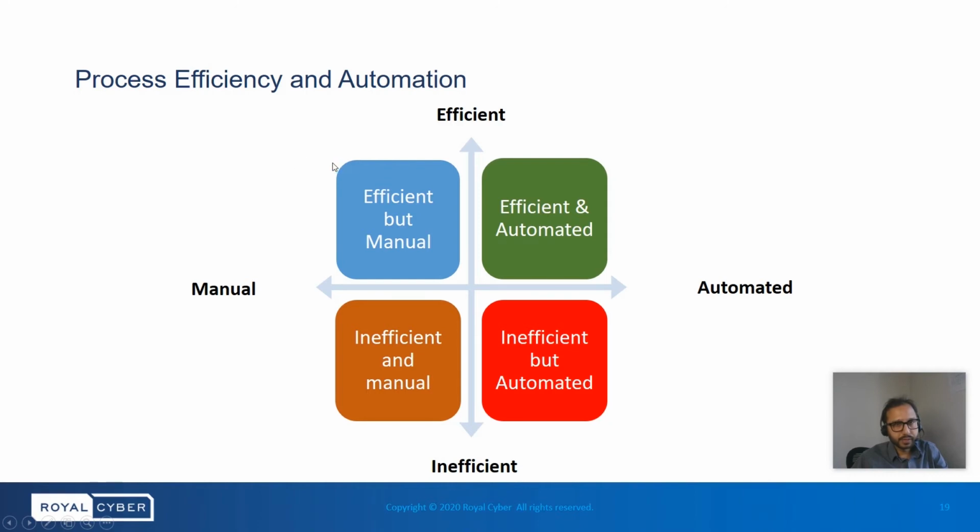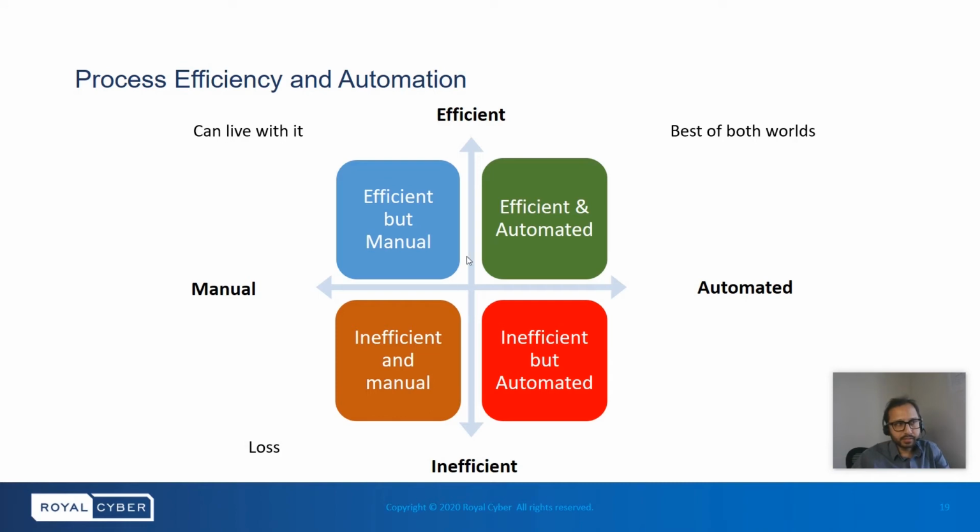That means we can live with it, because although it is manual, it is efficient. But if a process is very efficient and also automated, like if we achieve the automation of this process, this is the best of both worlds. So that's the ideal condition. We have to have an efficient process that we automate.